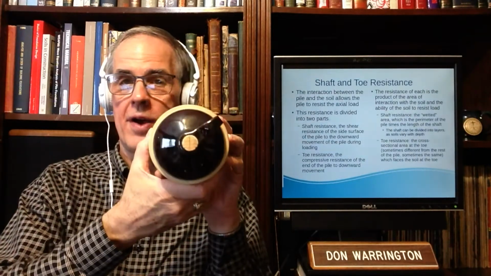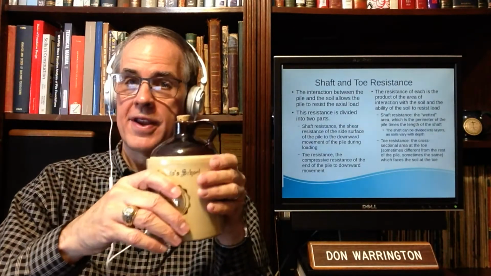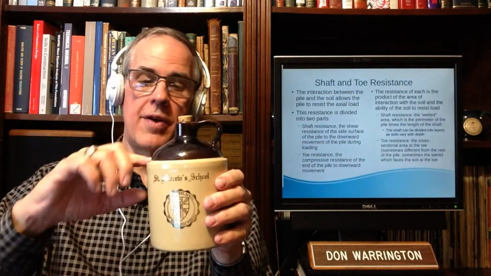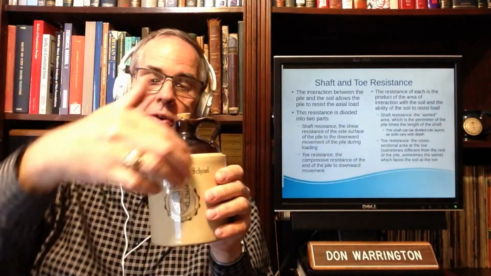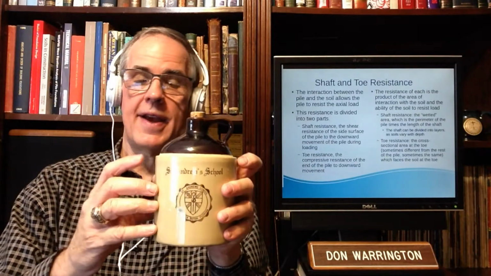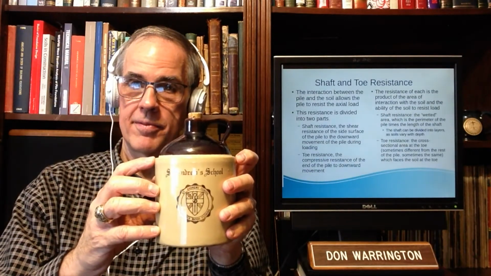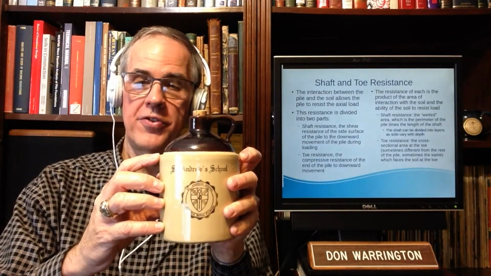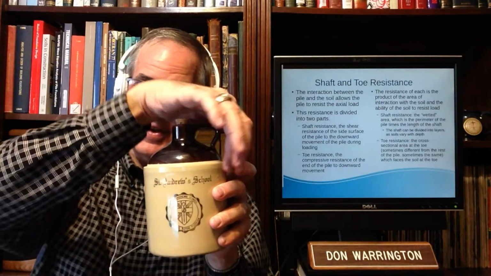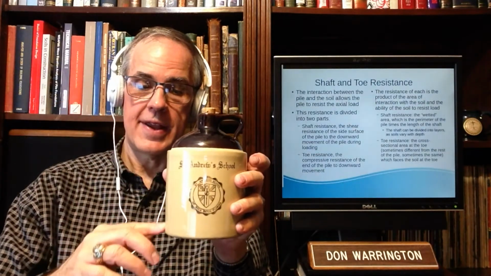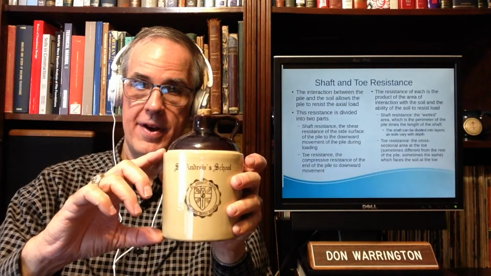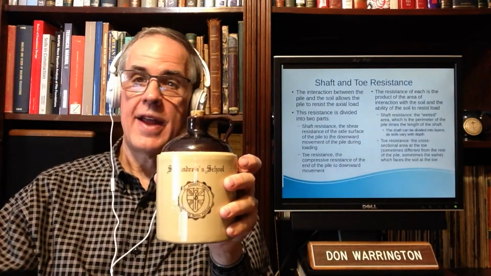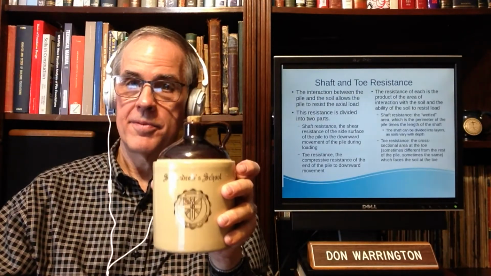It's round, so the perimeter is pi times the diameter, and therefore the surface area is pi times the diameter times the length of it, in other words, the distance from here to here. That's the shaft area of this thing.